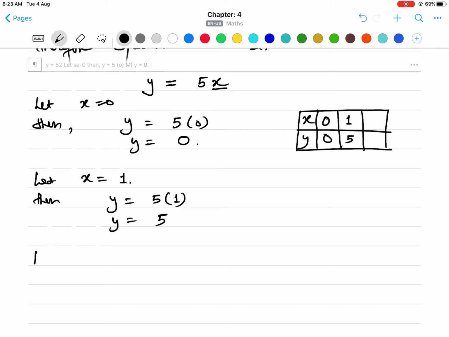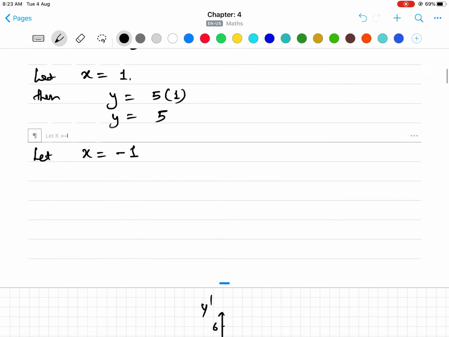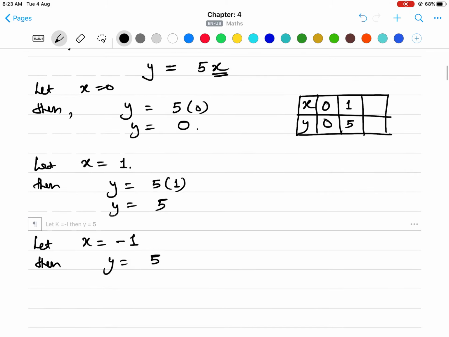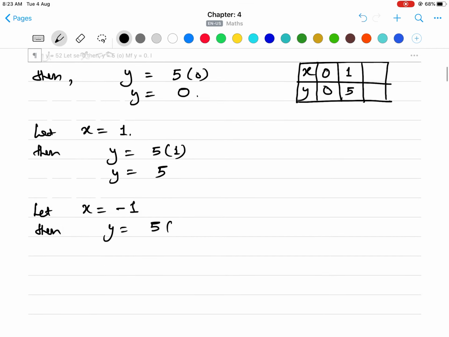Now let's take a negative value. Let x equal -1. Then y equals 5, and at the place of x we write -1, so y equals 5 into -1, which is -5.